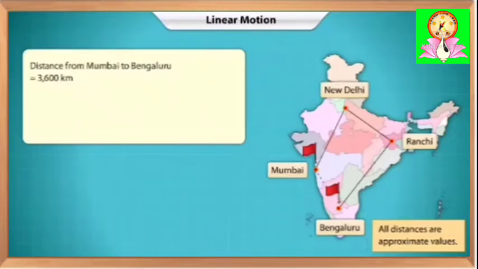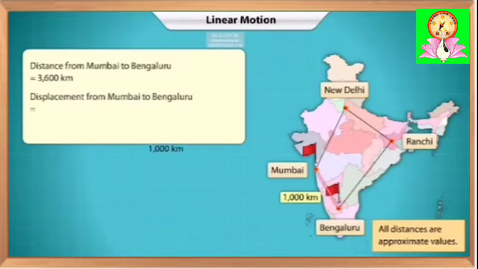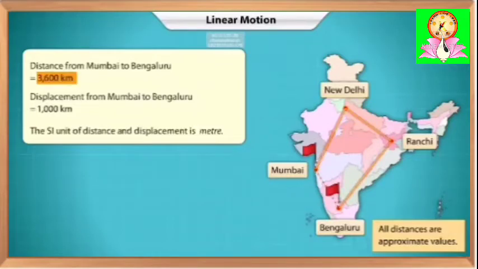And this is the minimum distance, which we call displacement. Always remember, all distances are approximate values. The SI unit of distance and displacement is meter.